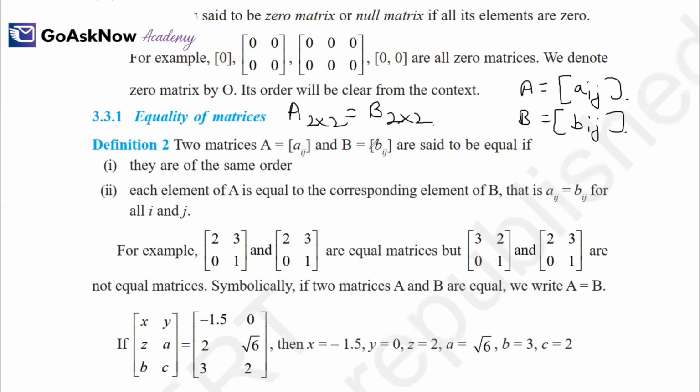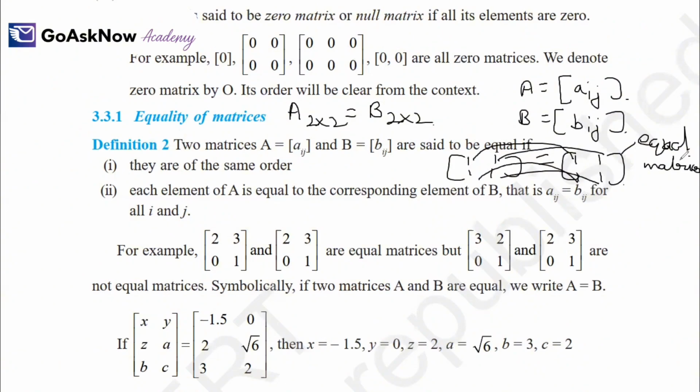And each element of A is equal to the corresponding element of B. If A has elements 1, 1, 1, 1, then B also has elements 1, 1, 1, 1. This element is equal to this element, and so on. That is why these are called equal matrices. I hope you got this point.